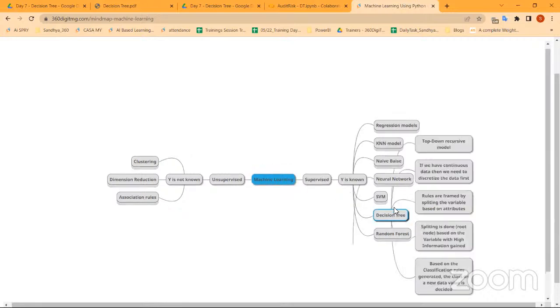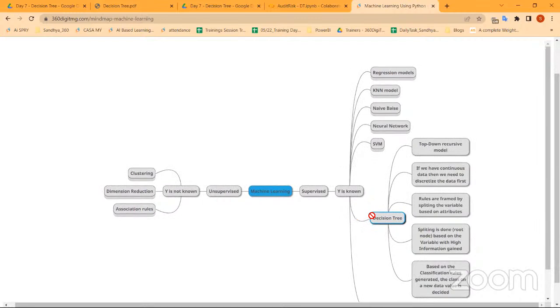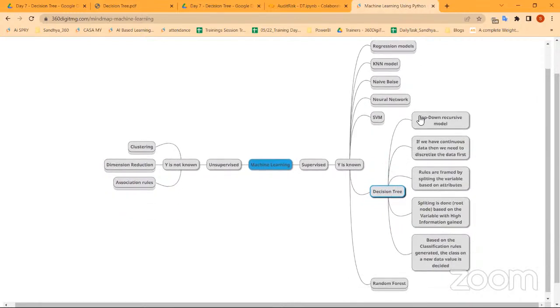If you double click on that, it will expand, friends, and you can see its various points, like it is a top-down recursive model. Also, if we have continuous data, we need to discretize the data first. Rules are framed by splitting the variable based on the attributes, and splitting is done based on the variable with the high information gain.